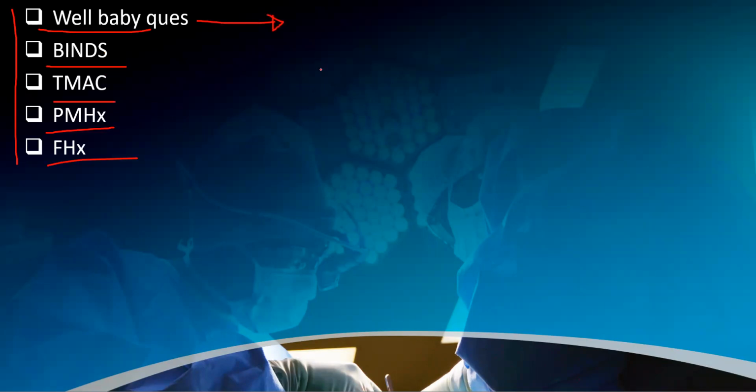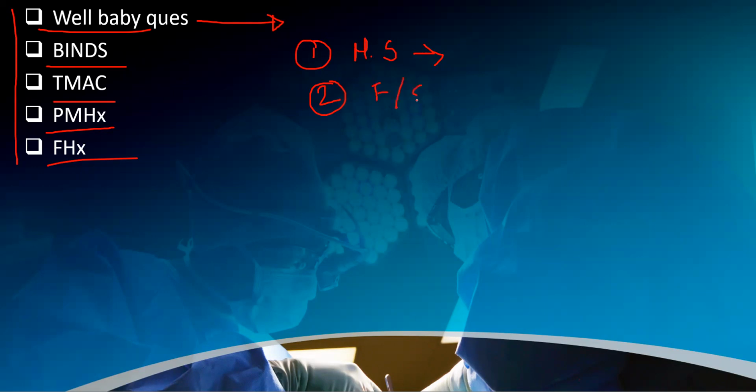For well baby questions, we usually ask four things. What are those four things? One, you ask about the mental status of the child. So is the child active, alert, or drowsy? That's mental status. Second, you ask, is he feeding or sleeping well?